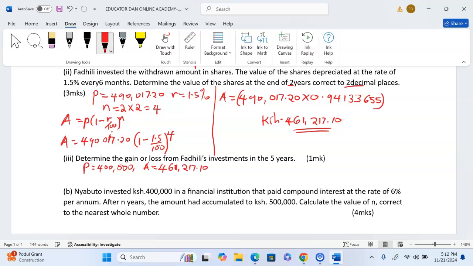If you compare the amount and the principal, you realize this is a gain. To get the gain, we take 461,217.10 minus 400,000, and this gives us an amount equivalent to Kenya shillings 61,217.10.